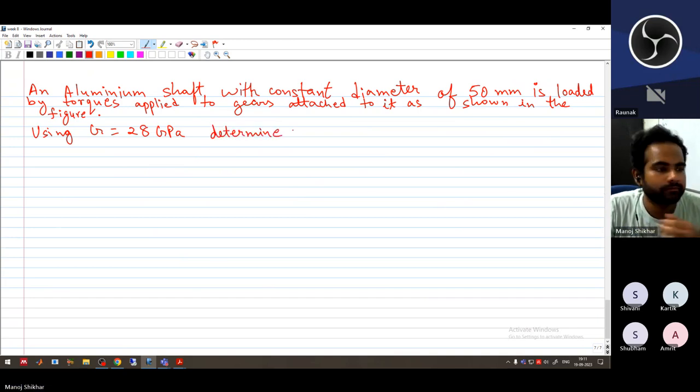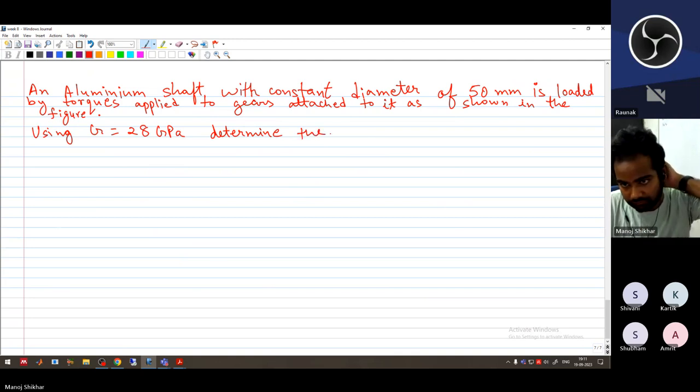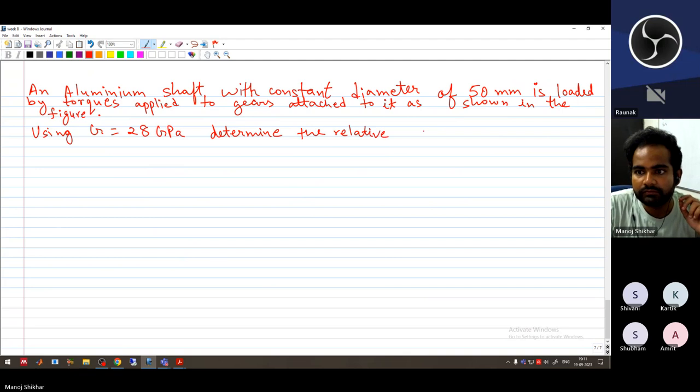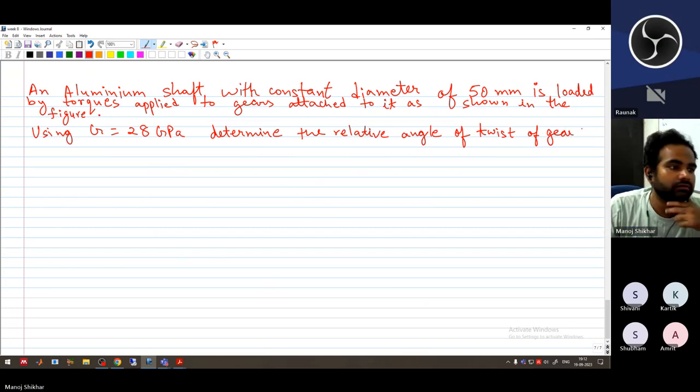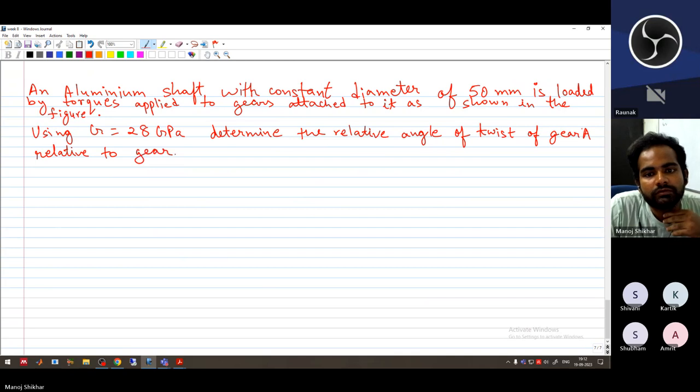Determine the relative angle of twist of gear A related to gear D. Okay.